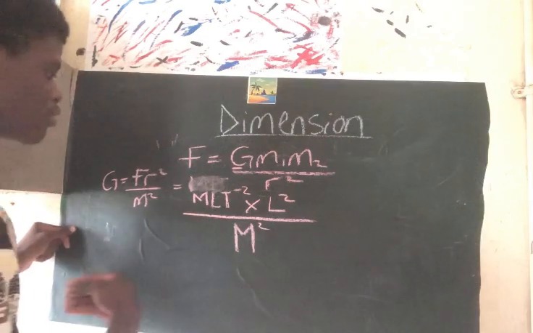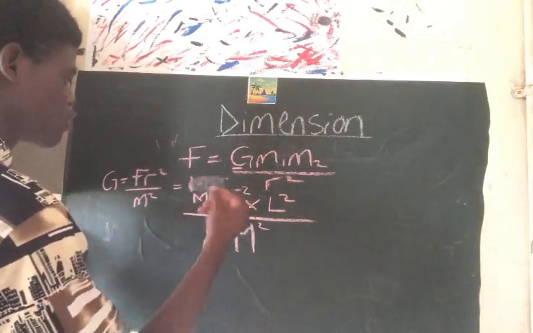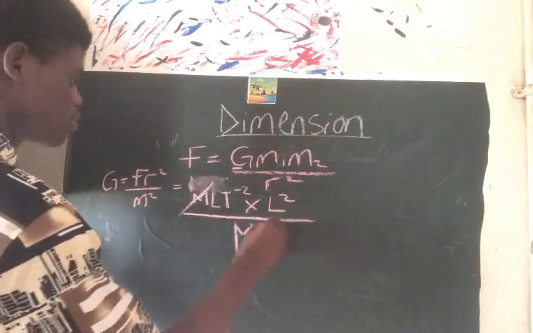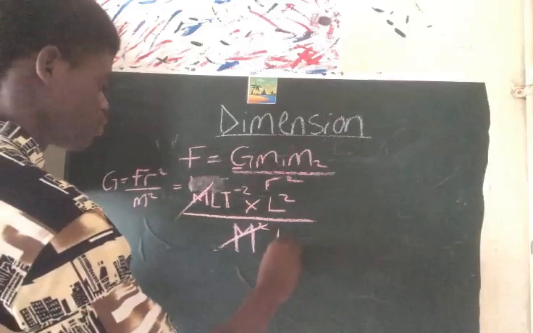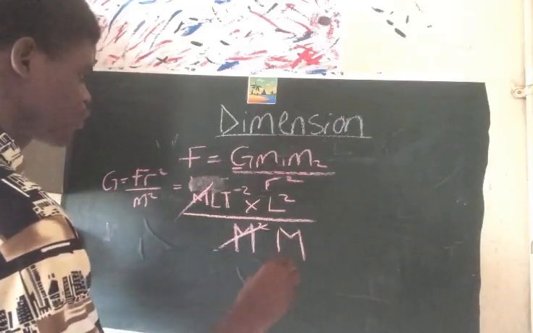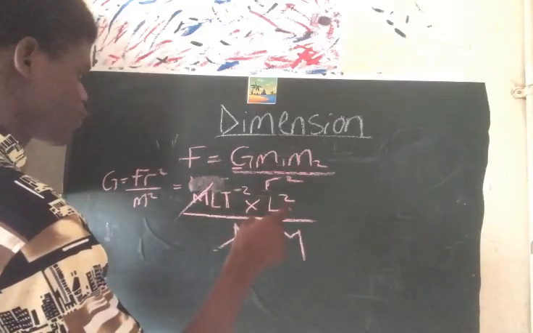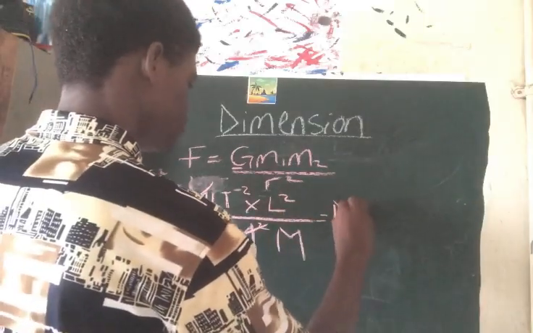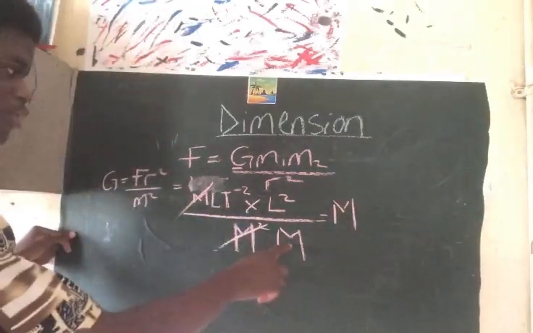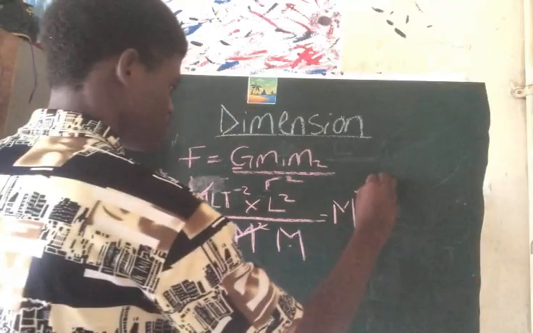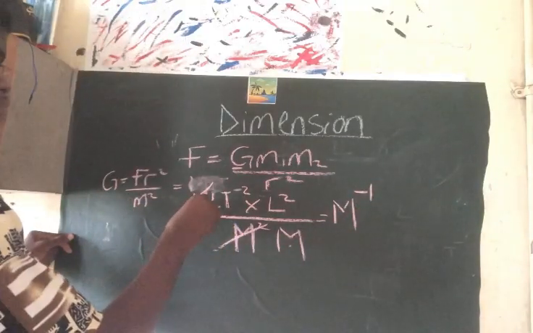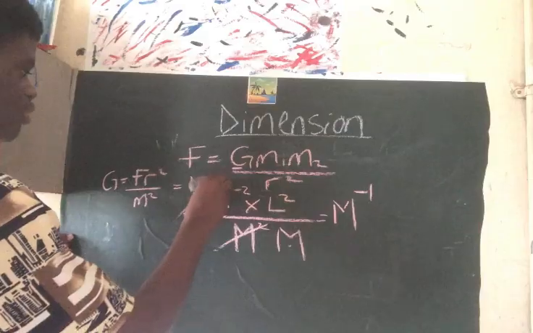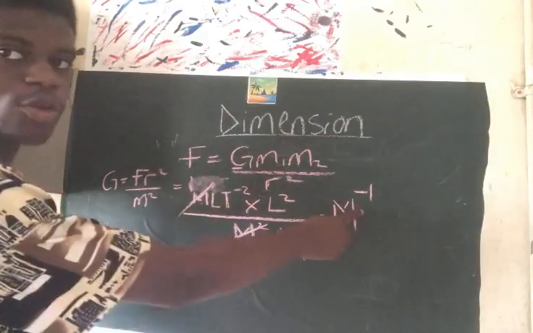So if you just take out the common stuff from the numerator and the denominator, we get the answer for M. Because this one is in the denominator, it's going to be minus 1, as if this one is M raised to the power 0, so 0 minus 1 is minus 1.